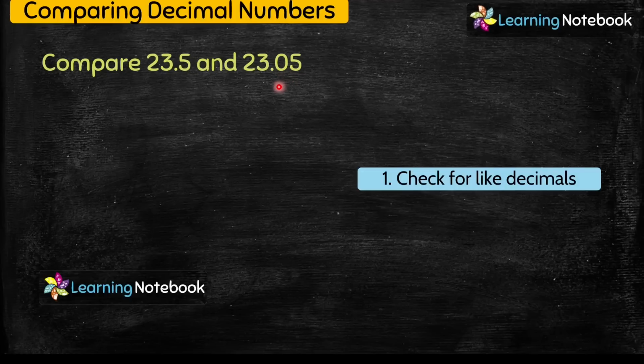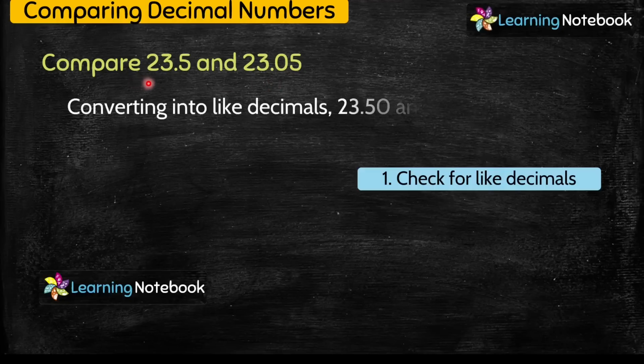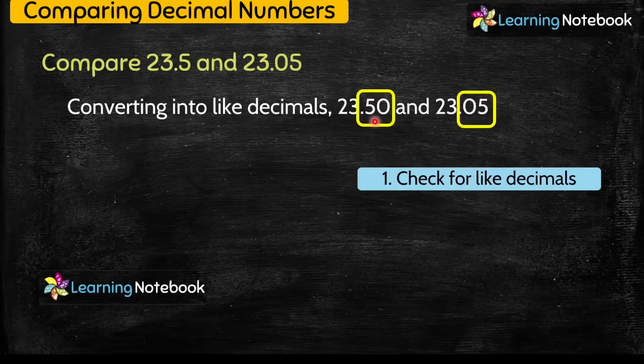So it means we have to convert them into like decimals. So let's put 0 to the right of the decimal part. So 23.5 becomes 23.50. So now both of them are like decimals.